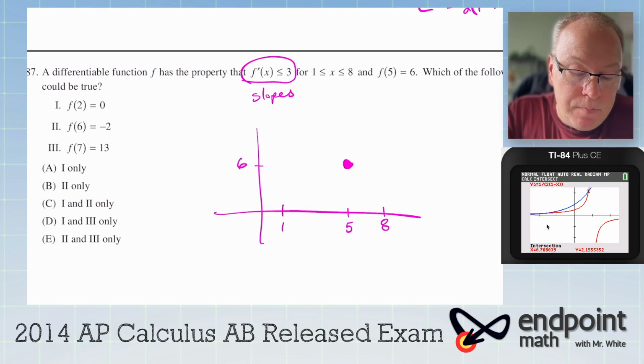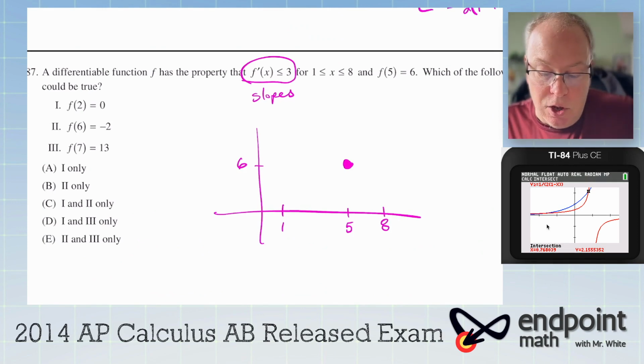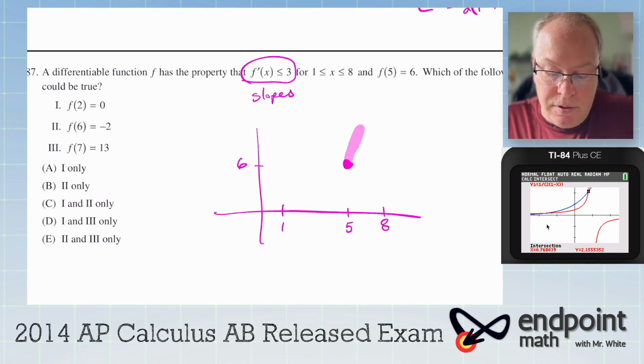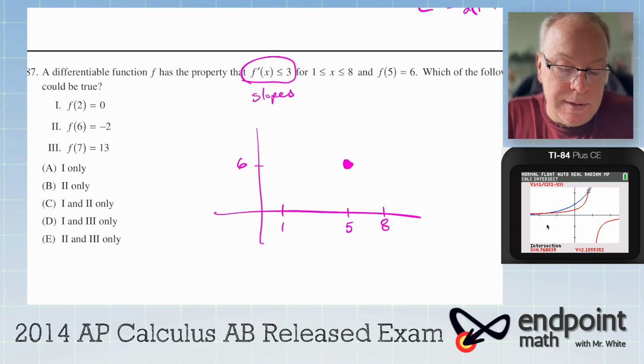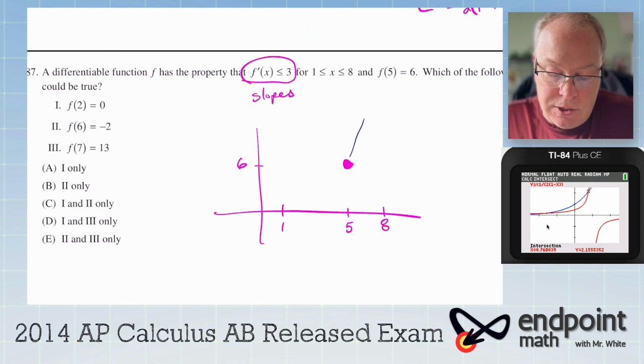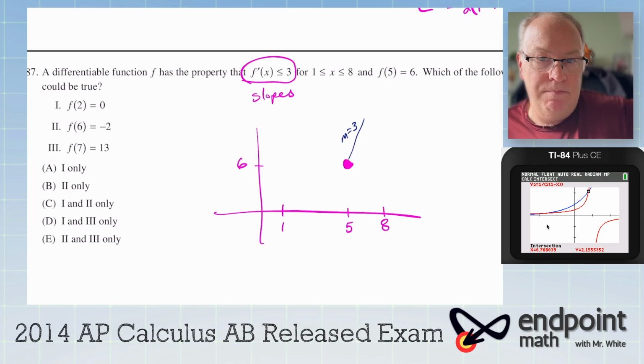Now remember, this thing has slopes that are up 3 over 1 at the most. Let me say that again. The slopes on this function are always 3 or less. It can't be steeper than up 3 over 1 at any point in time. Hopefully that makes sense.